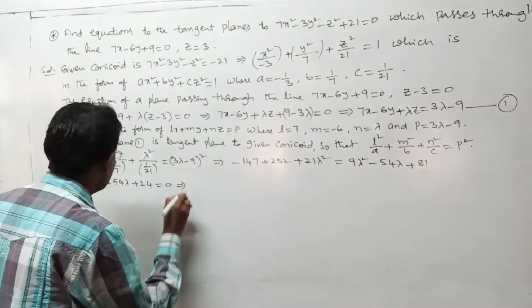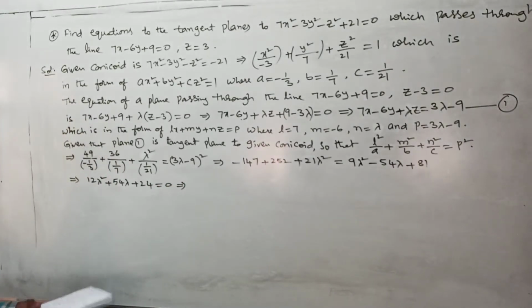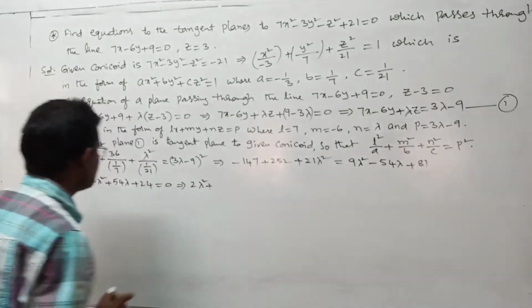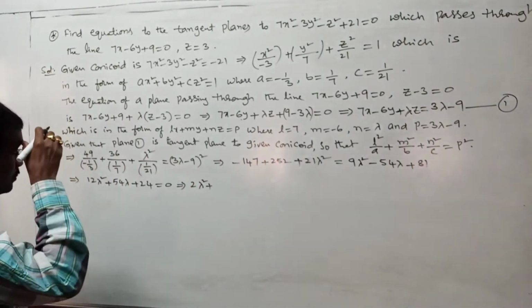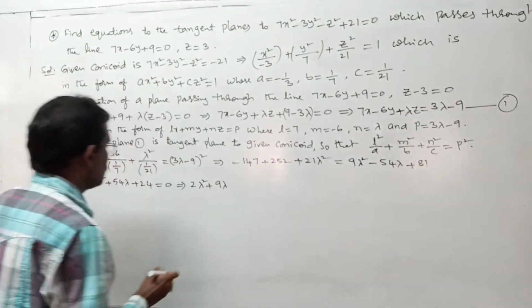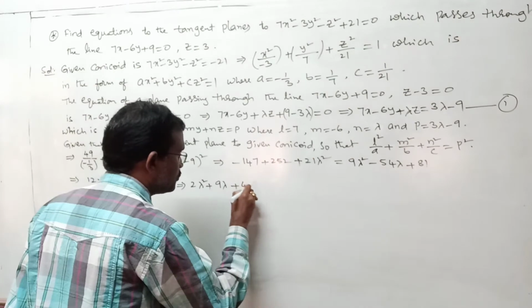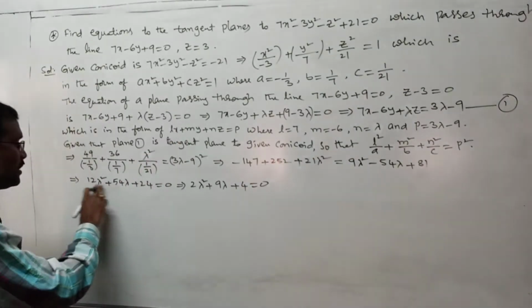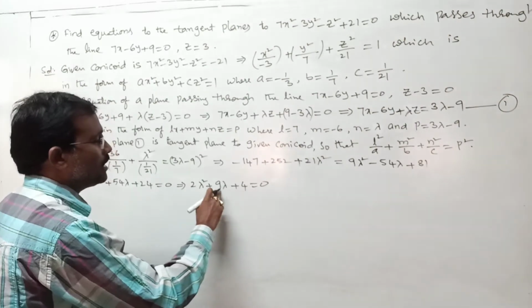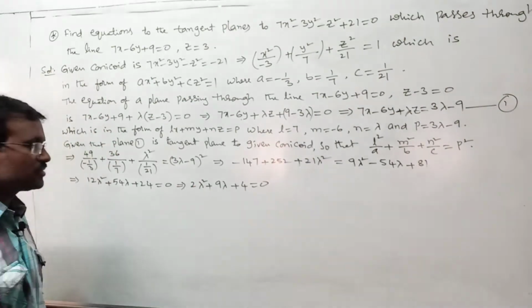Now let us divide by 6. 2 lambda square plus 9 lambda plus 4 equal to 0. Any problem? We are just dividing by 6. 4 into 2 is 8, and 9 can be written as 8 plus 1. Factorize it.